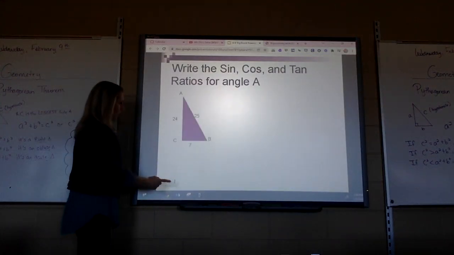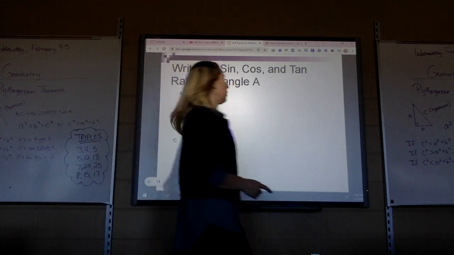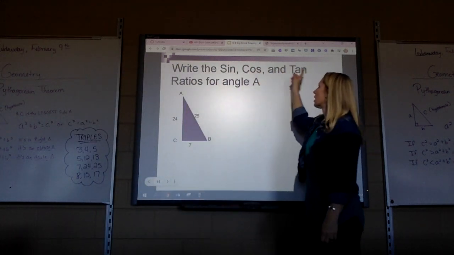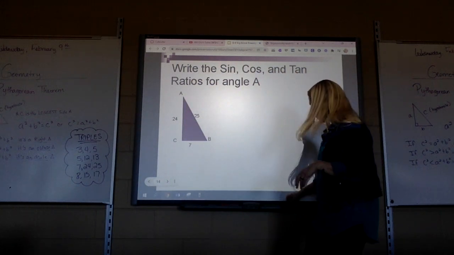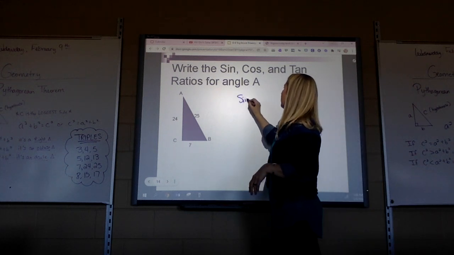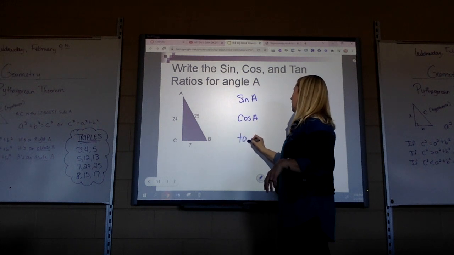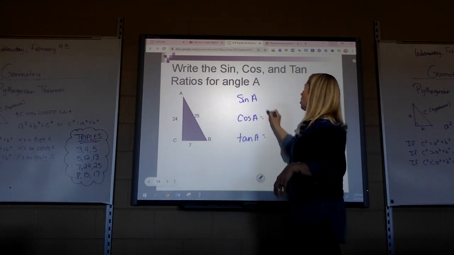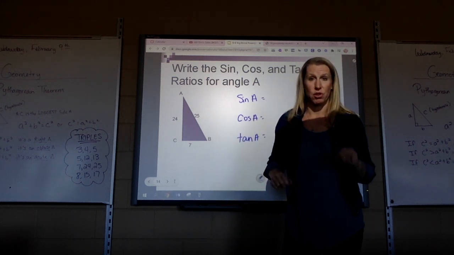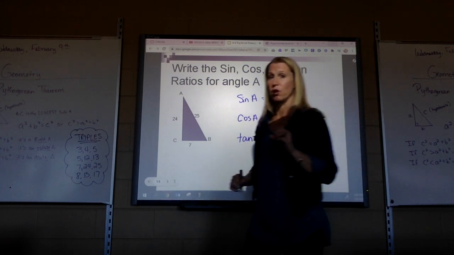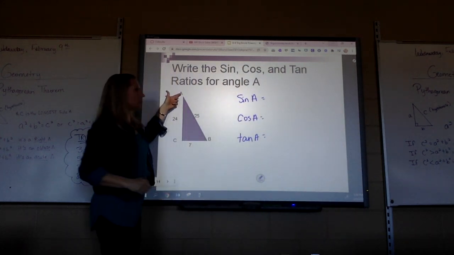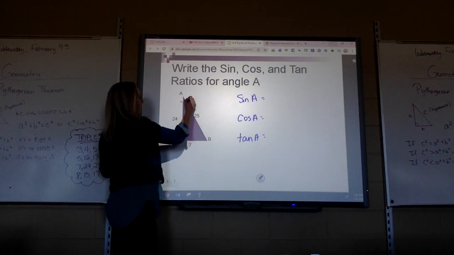Let's try it with numbers. Say I'm looking at this triangle, and I want to find the sine, cosine, and tangent for angle A. So sine of A, cosine of A, tan of A. It always will tell you which angle you're going to look at, so you have to look for the specific angle. In this case, I want to look at angle A, which is up here.